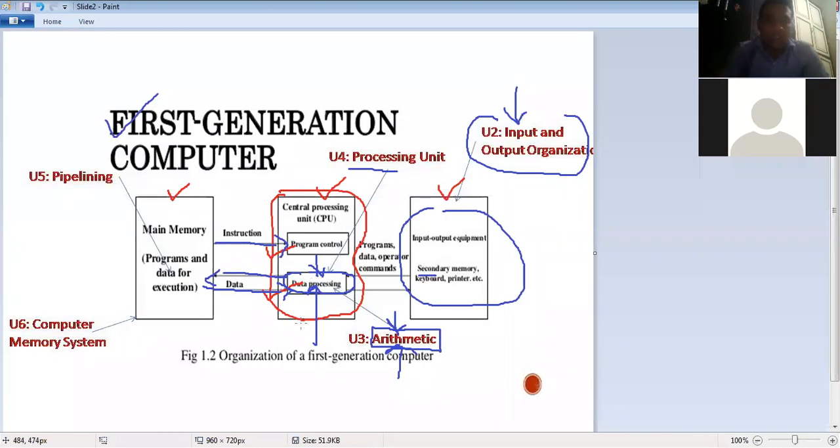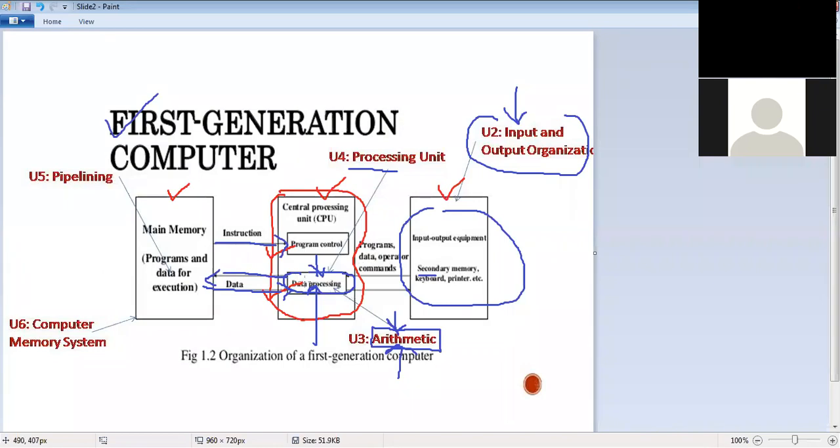There may be a register file, an accumulator, a data register, and along with this, there is one unit called the arithmetic unit, the ALU. So in the data processing unit, we are going to discuss how those registers help the ALU by making available all the values required for processing.